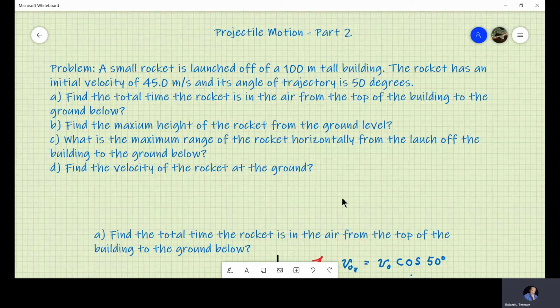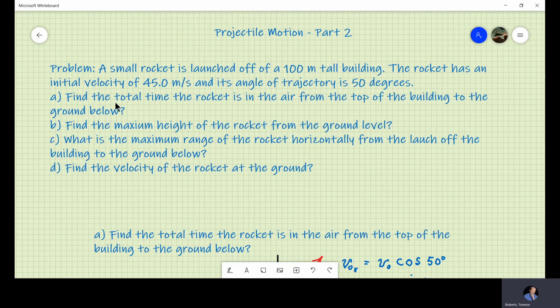Okay, we have part two of our tutorial on projectile motion, and this one is going to be a little bit different. We have a small rocket that is launched off a 100-meter tall building, and it tells us that the rocket has an initial velocity of 45 meters per second, and its trajectory is 50 degrees.